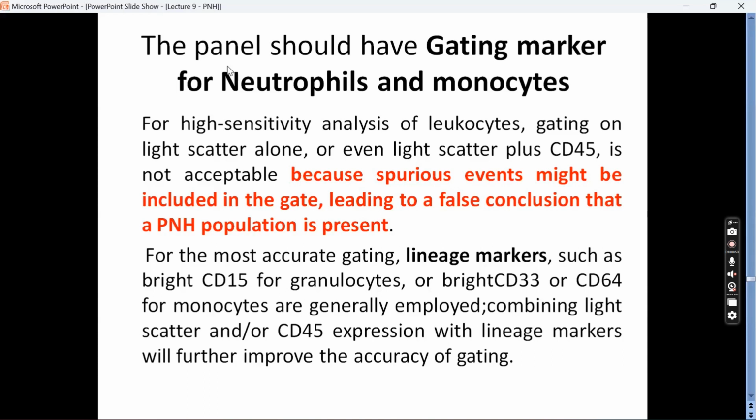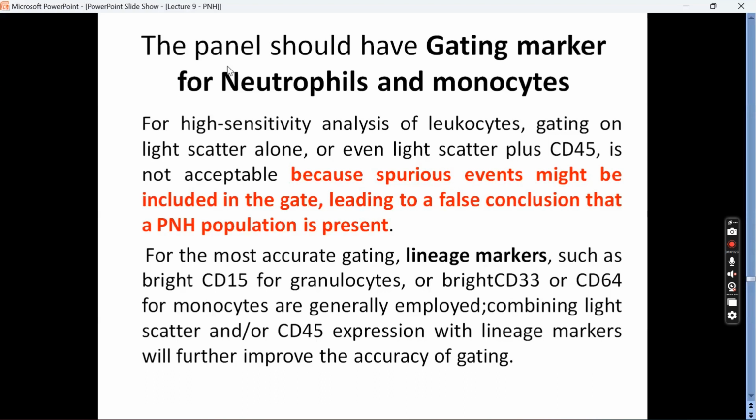For monocytes, as someone said, CD64 is a very good choice. You can also use CD33 because monocytes will show bright CD33. For gating neutrophils and monocytes, first I use side scatter versus CD45. I gate the neutrophil population by virtue of its high side scatter and moderate CD45. Then I take out monocytes from the monocyte region in side scatter CD45.